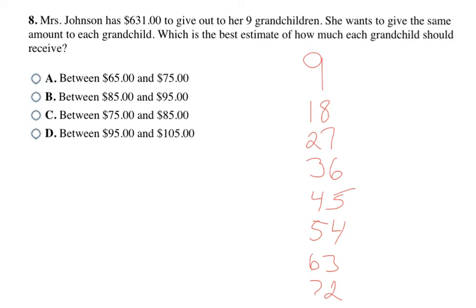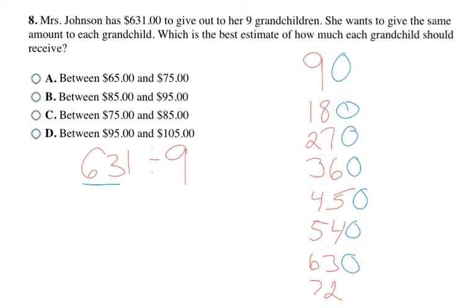Since I'm taking 631 divided by 9, in most of these multiples I only have 2 digits. I'm going to go ahead and add a 0 onto these so that it makes 3 digits, to see if any of those are close to 631. And if I look, I have 630. So I can estimate by taking 630 divided by 9.